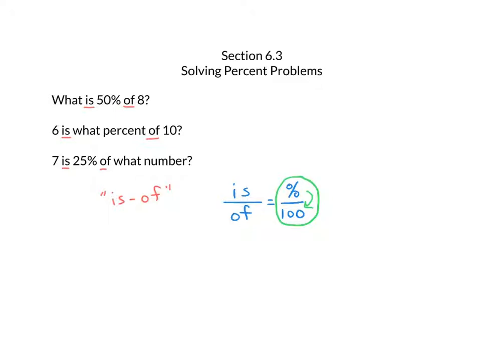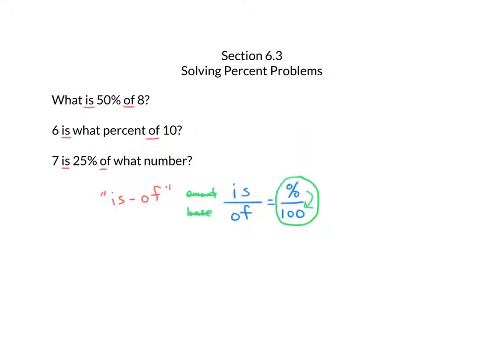The is and the of stand for information that you have in the problem. The is generally the amount that you are talking about, and the of is generally the base or the total of that particular item. I don't tend to use the amount and the base. Instead, I use the is over of because these problems all have an is and an of in them.